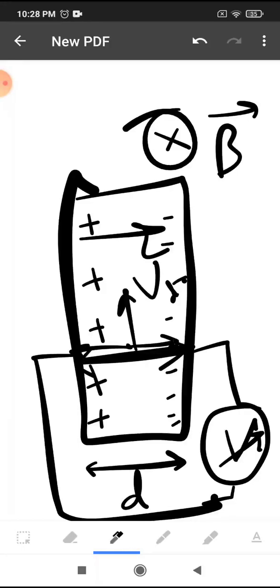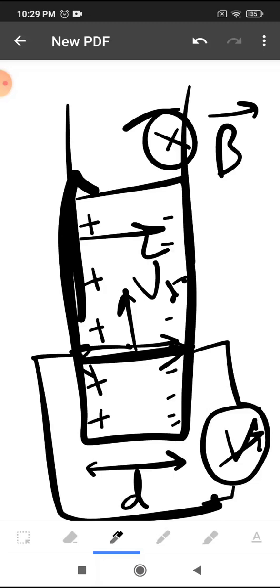And also using the voltmeter reading, we can actually predict whether this edge or this edge is at a higher or lower potential. In this case, this edge is at a higher potential, this edge is at a lower potential. But suppose you want to contradict my statement by saying that no, this is not so. Let us assume that the charge carrier is not an electron.